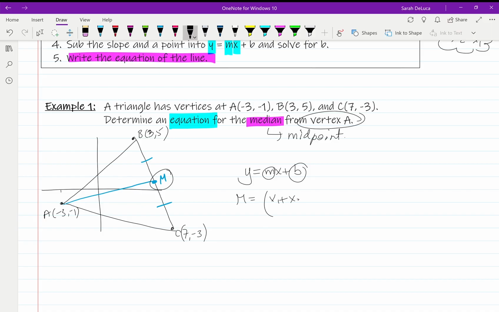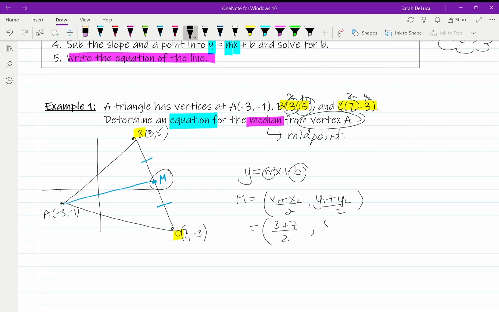X1 plus X2, Y1 plus Y2. So I'm going to get that point. So it's asking me for the midpoint of BC. So here's B and here's C, and I'm going to label these as X1, Y1, X2, Y2. So X1 is 3, the X value here is 7, divided by 2.